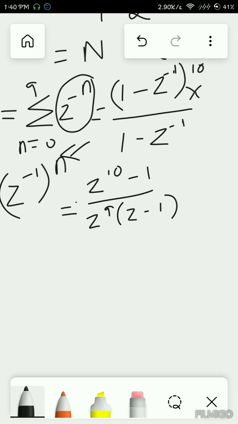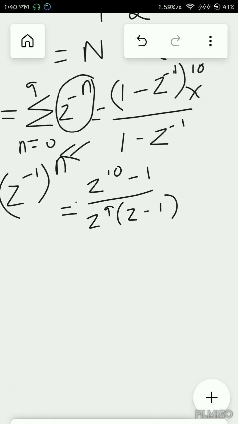So therefore I get z to the power of 10 minus... just a second, I'll clear it to you. This is z to the power of 10.